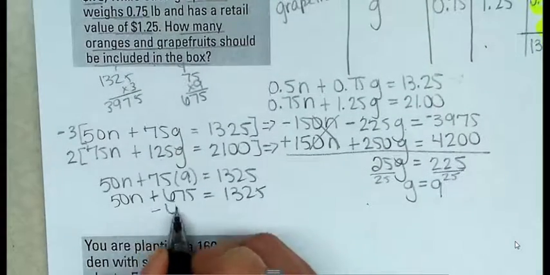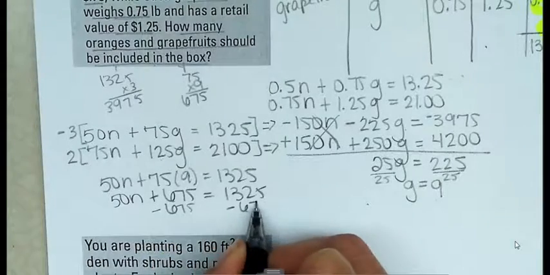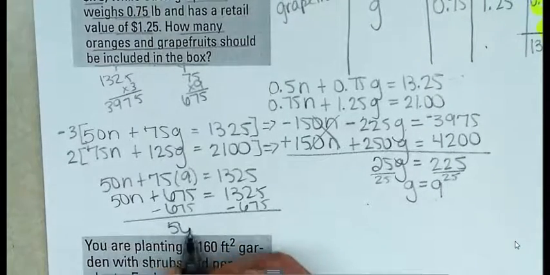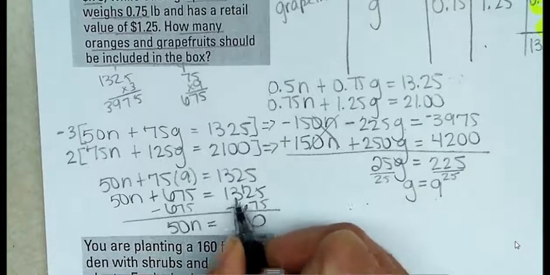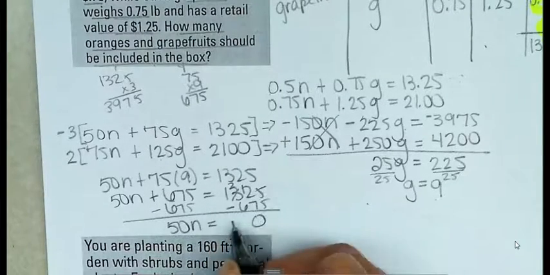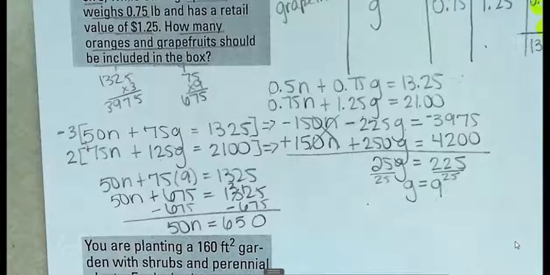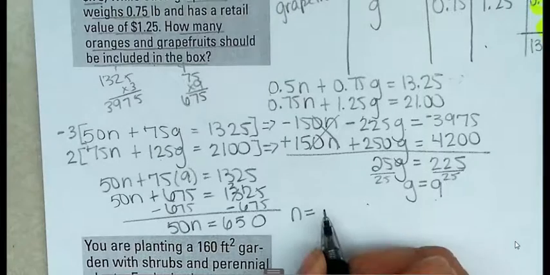I'll subtract, and 50n equals 650. So 50 will go into 650 13 times.